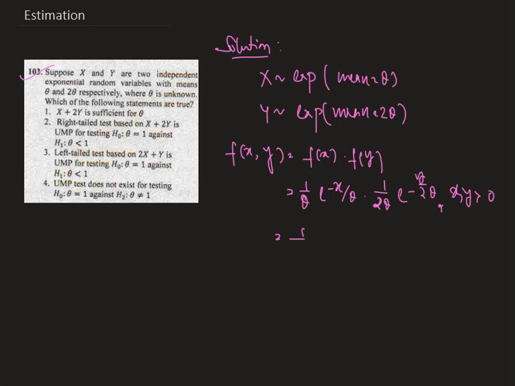Hence we get 1 by 2 theta square e to the power minus (x plus y) by 2, or we can write 1 by 2 theta square into e to the power minus, sorry, here we have 1 by theta also, so we get (2x plus y) divided by 2 theta.